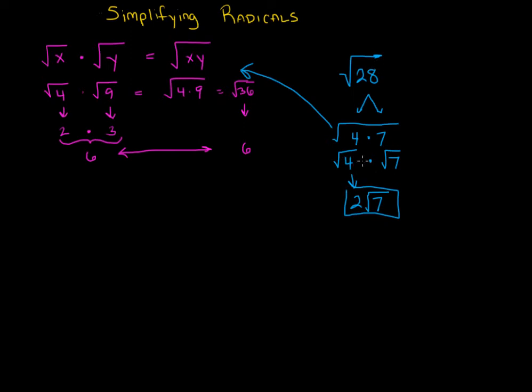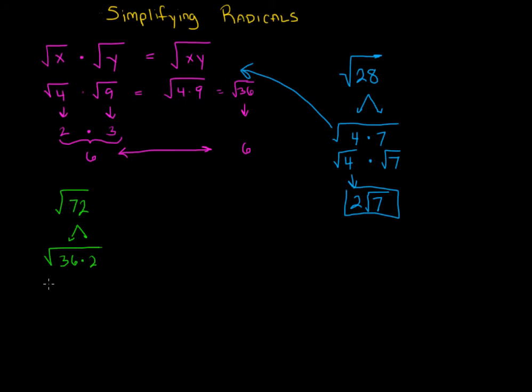Let's take a look at another example. Say I have the square root of 72. The first perfect square that comes to my mind is 36. You were thinking of something different? That's okay, we'll do that in just a second. So when I break that apart, I'm doing the square root of 36 times 2, because 36 times 2 is 72.